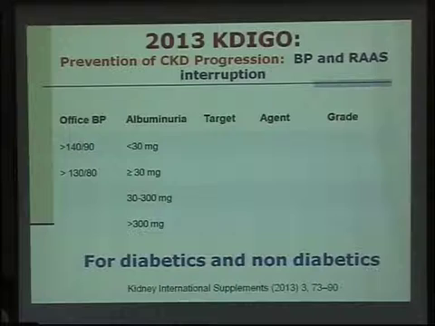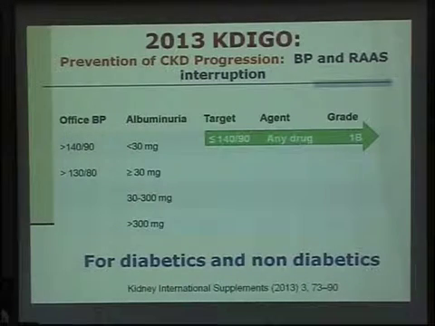What's your target blood pressure? Yes, please. Okay, I agree with you. So if albuminuria is A1 and the patient is hypertensive, it's okay to go to just 140/90. This is accepted. Okay? And keep the kidney function well, and this is what we need.